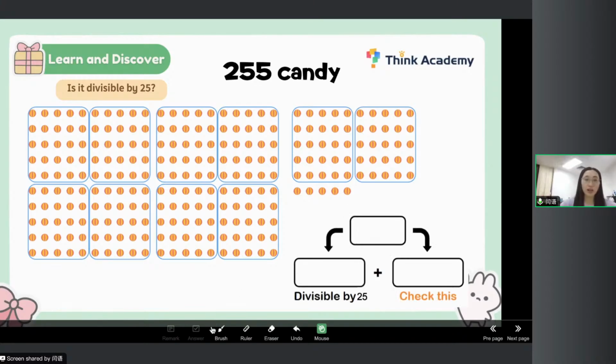Of course no, right? So for this part, how do we split the number? Here, we have 200. 200, of course, it is divisible by 25. And then we just check the rest part, 55. Since 55 is not divisible by 25, the final answer, 255, is also not.